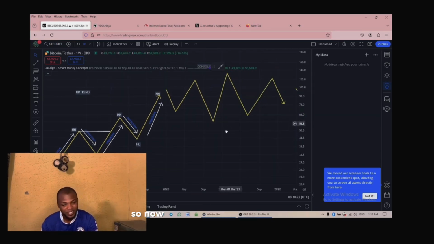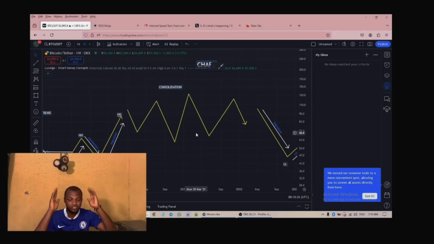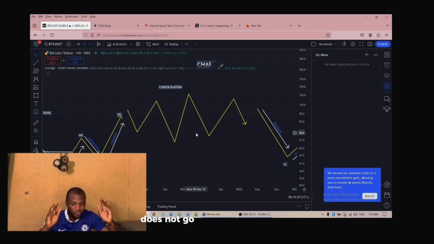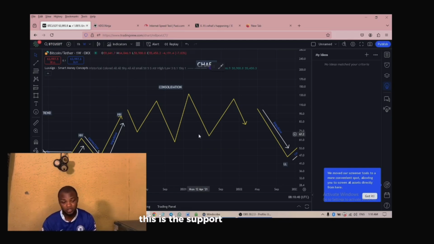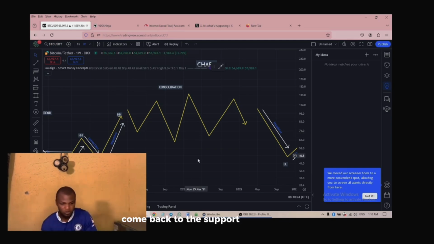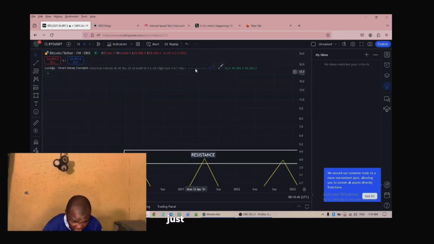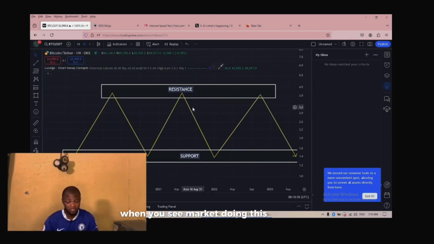So now the consolidation move. Consolidation does not go up or down. It initially fools you. You may think you are going up, you see it come down to the support, and you feel okay this is the support, you think you are still going down, then you go back to the resistance, and come back to the support, just like this.